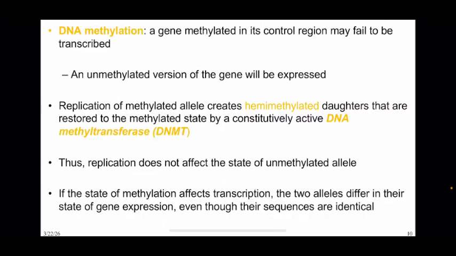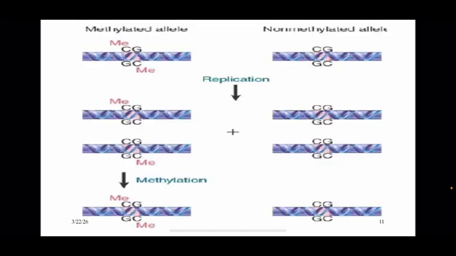So this enzyme will come in, the methyl transferase, DNMTs. We have different types of DNMTs, and we will talk about them later on. But DNMTs will come in and methylate the demethylated regions to make them fully methylated. But for normal alleles, or non-methylated alleles, these methyl transferases are not going to work on them, because they don't have the history of being methylated.